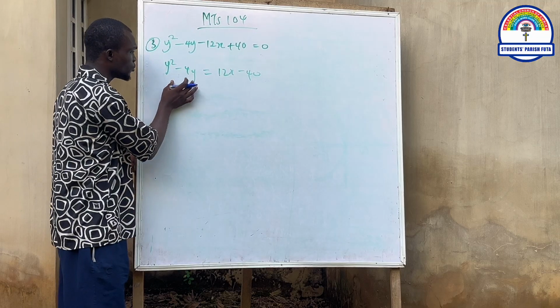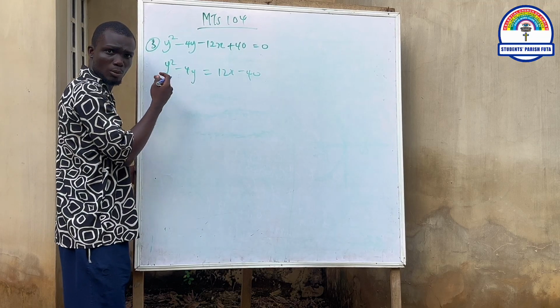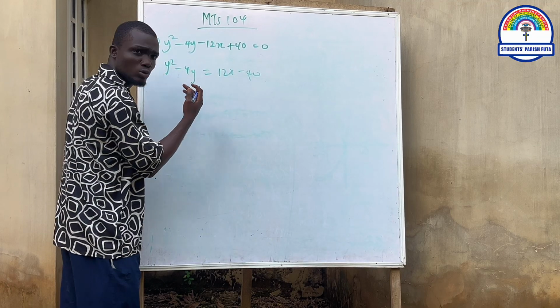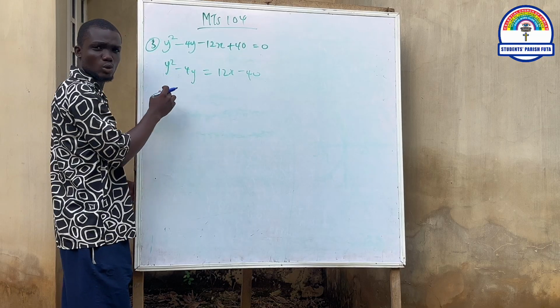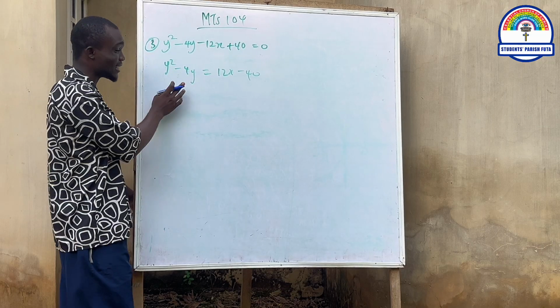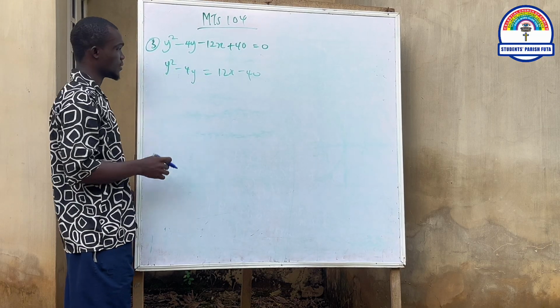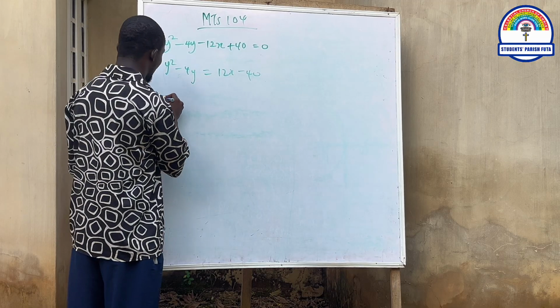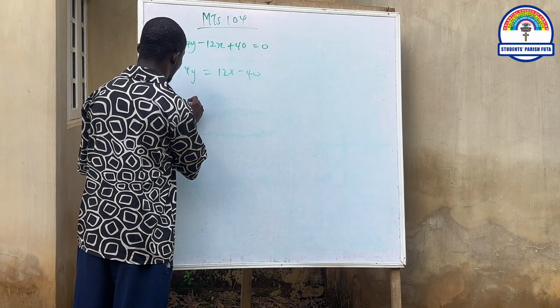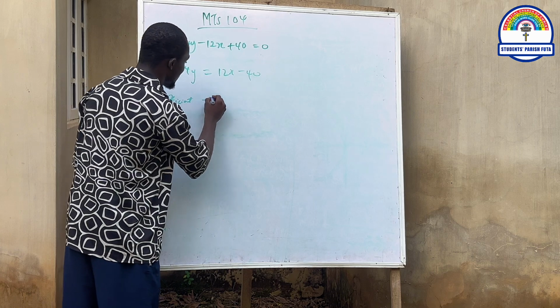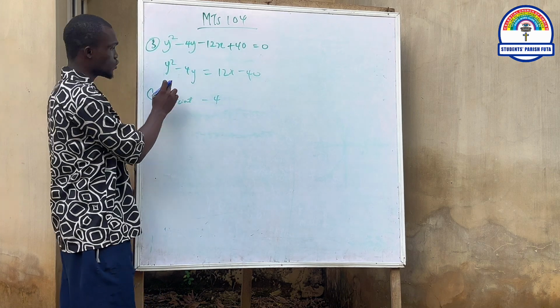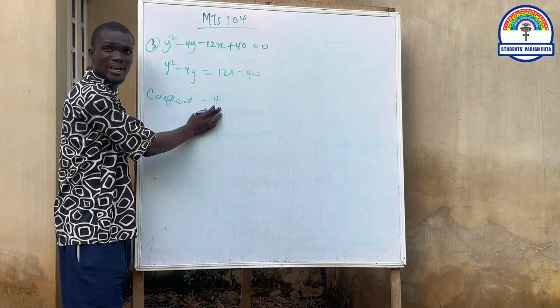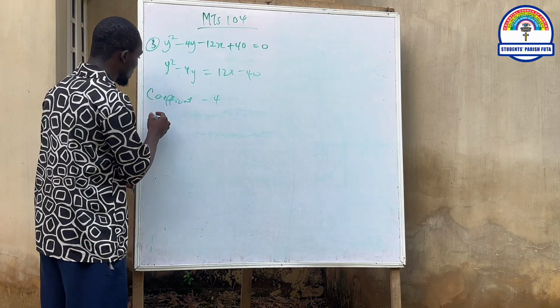Let us locate the coefficient of y, not y squared. So here, what is the coefficient of y? The coefficient of y is minus 4. Right?